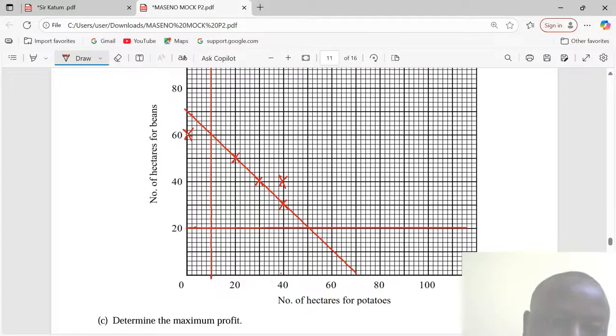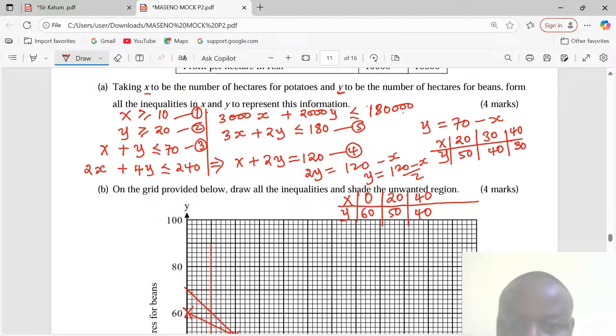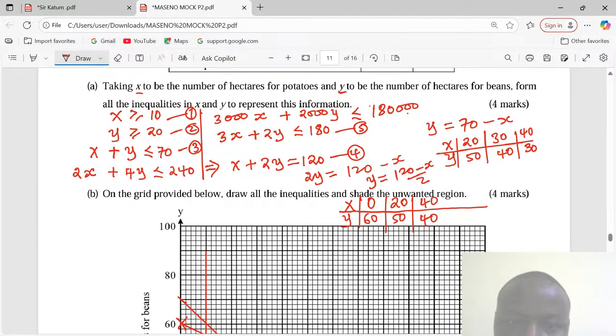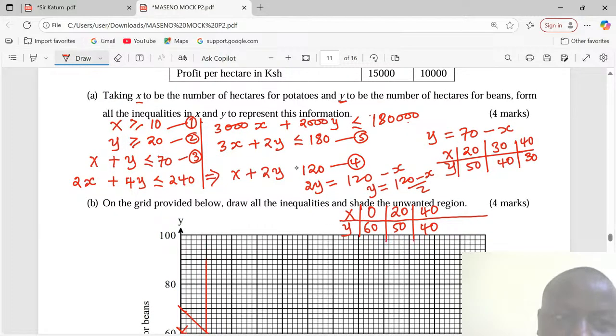So we go now to the last inequality, which is here. Remember, this inequality was simplified this way.